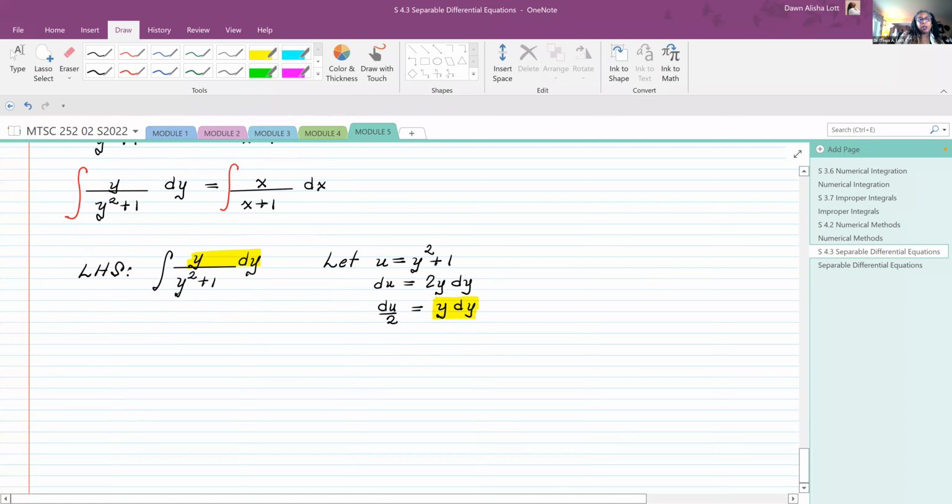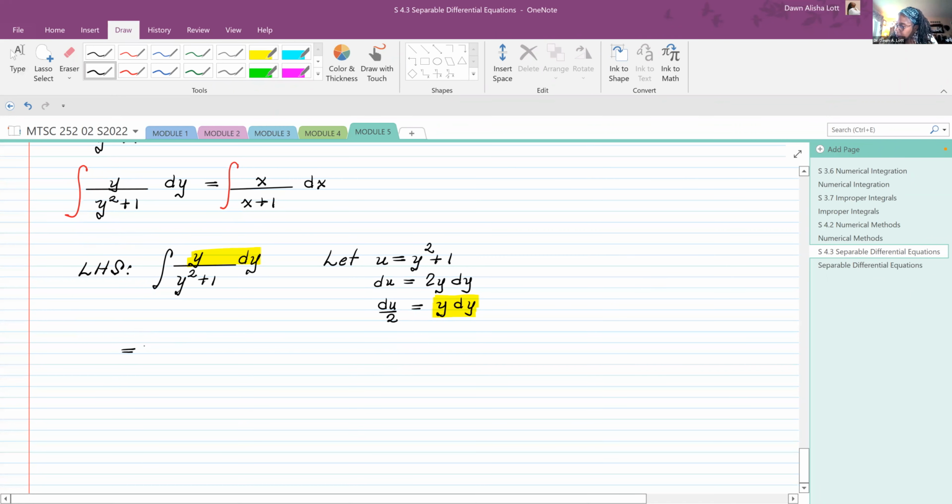All right, so now we're ready. This is the integral. y dy is du over 2. And then y squared plus 1 is just u. So this is 1/2 the integral of du over u. And what is that? ln u.